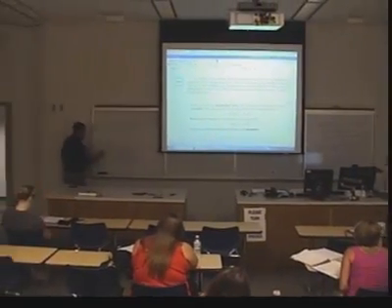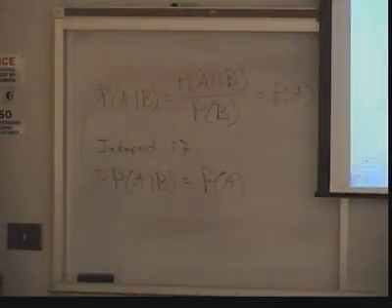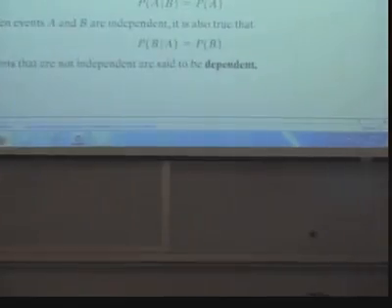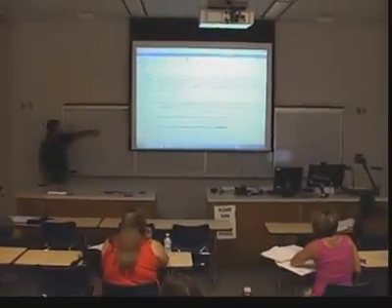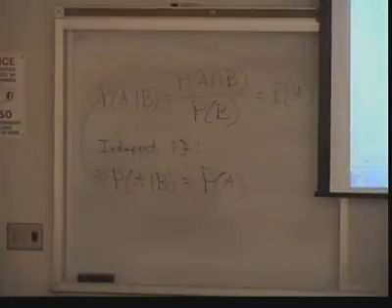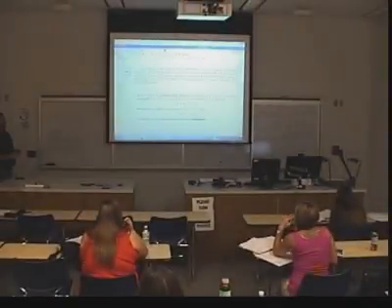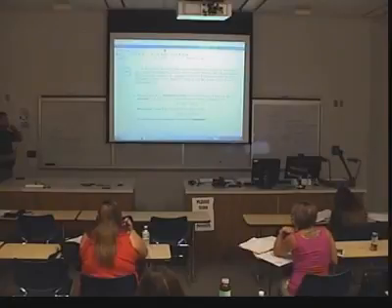Because this piece is the same, A given B, A given B. If this quotient, the intersection of A and B divided by the probability of B, is equal to just the fact that the first thing happens, then they are independent. Independent means the occurrence of one has nothing to do with the other one occurring. Okay?